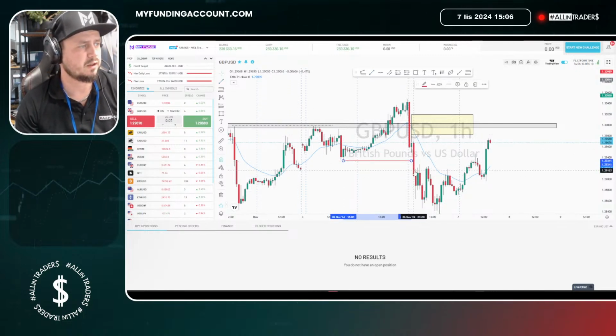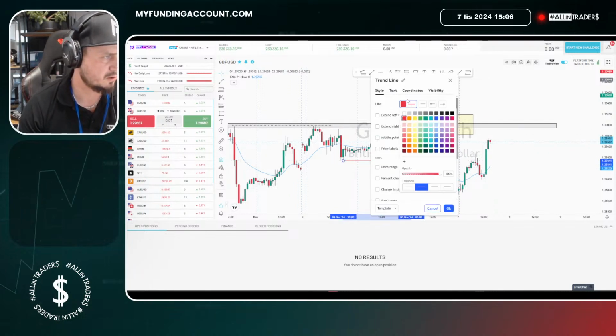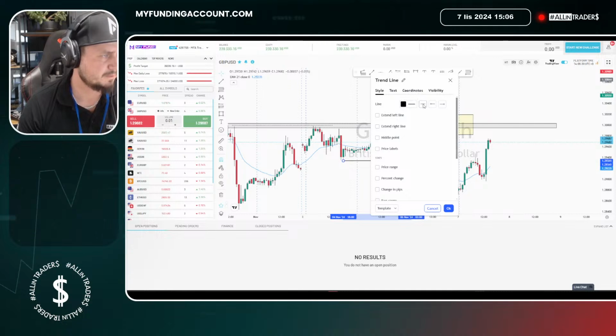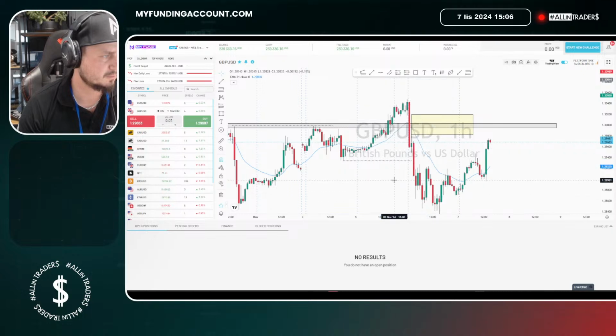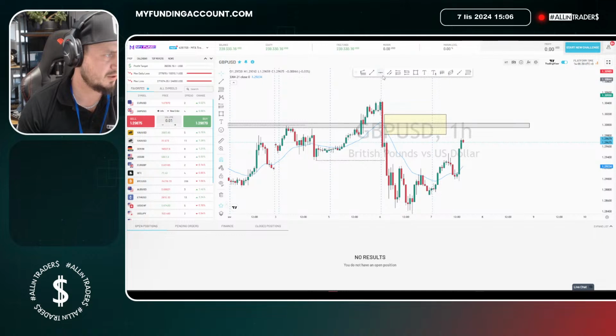Here we had the break of structure. Any liquidity?